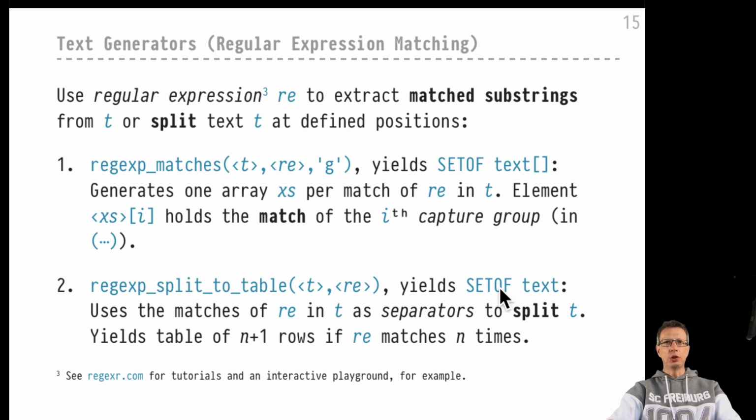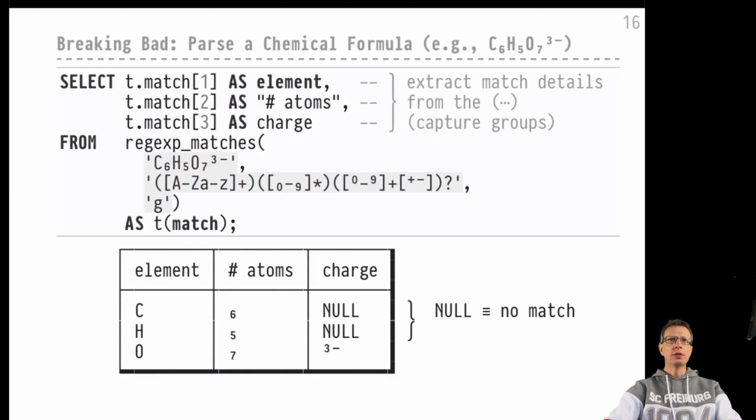That's a typical use of a set returning function. In this case, each of the split pieces makes up one row. It's a set of text that is going to be returned. So if we find n matches for a regular expression, the string will be split into n plus 1 pieces. Let's look at an example.